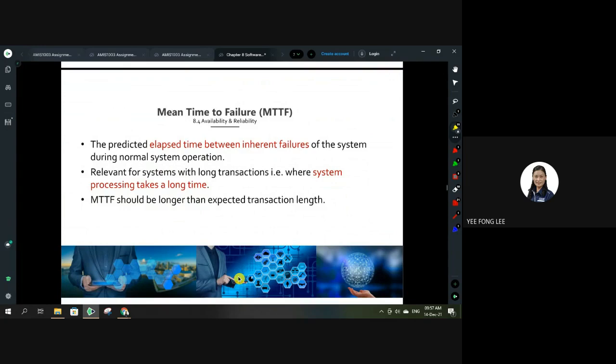This metric is sometimes used in reliability metrics. I believe some of you use this. It is the predicted elapsed time between inherent failures, relevant for systems with long transactions, and shall be longer than the expected transaction length.